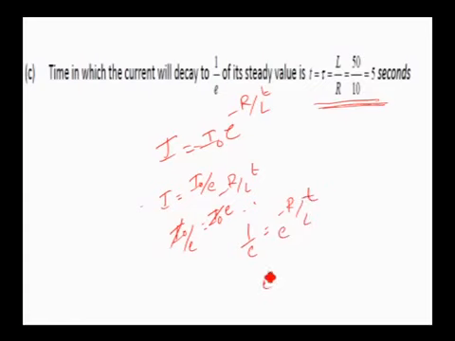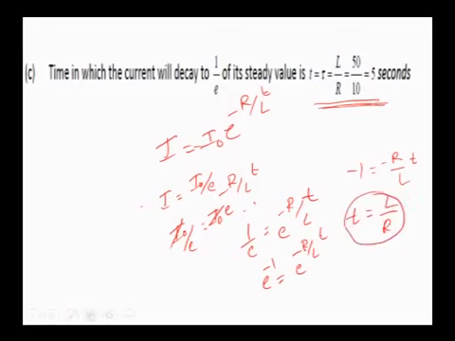Now the reciprocal gives e power minus 1 is equal to e power minus R by L into t. Compare the powers of the exponential: minus 1 is equal to minus R by L into t. Then t becomes L divided by R. So this is the time taken by the coil for the current to become 1 by e times its steady value, which is also the time constant. L by R is 50 divided by 10, which equals 5 seconds.